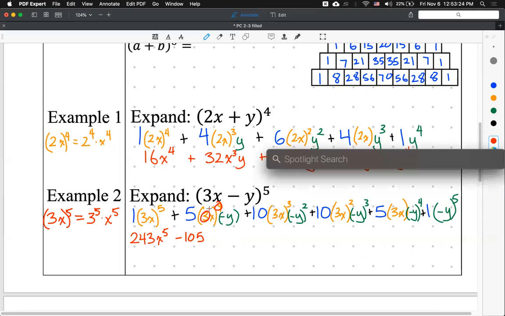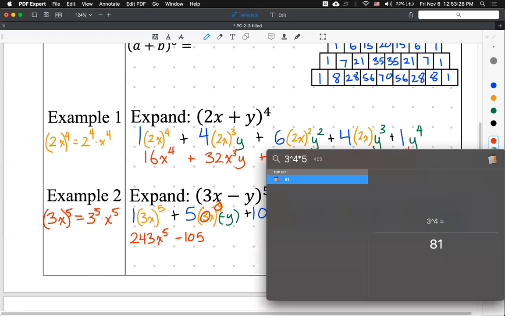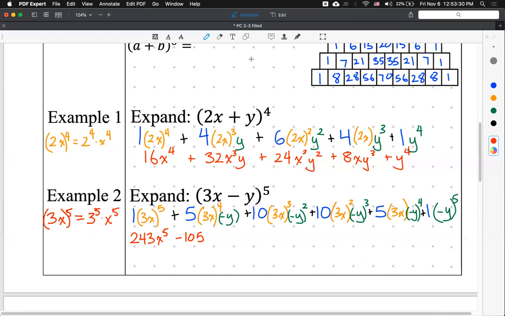Wait a sec, what did I just say? 3 to the power 4 is 81 times 5. Okay, 405, sorry about that. Why negative though? Because I have a positive 5 times a positive 81, because it was to the power 4, times a negative. That's where the negative came from. So I have minus 405, and then I'm going to have x to the power 4, y.